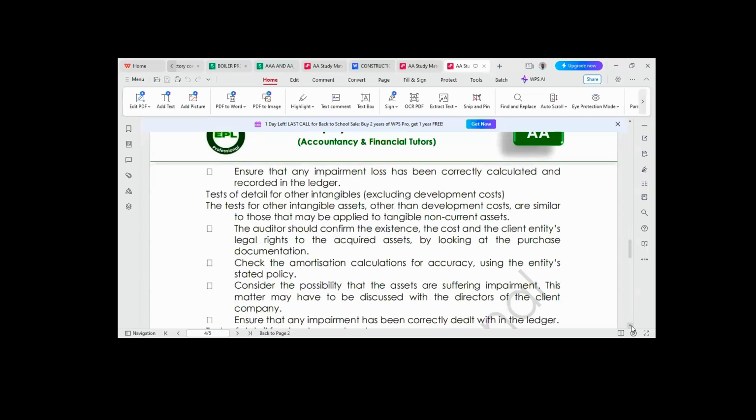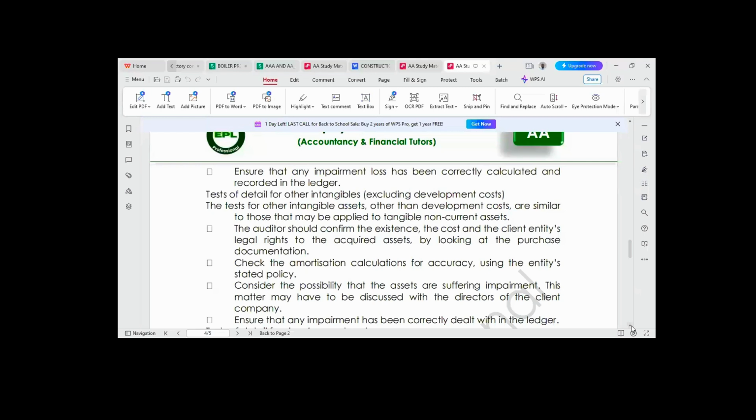So the auditor will confirm the existence of the intangible asset, the cost, and the client entity's legal right to the acquired asset by looking at the purchase documentation. The auditor will check the amortization calculation for accuracy using the entity's stated policy.